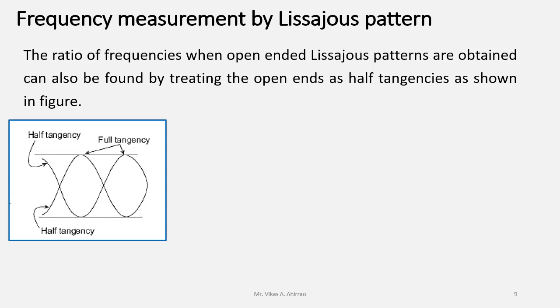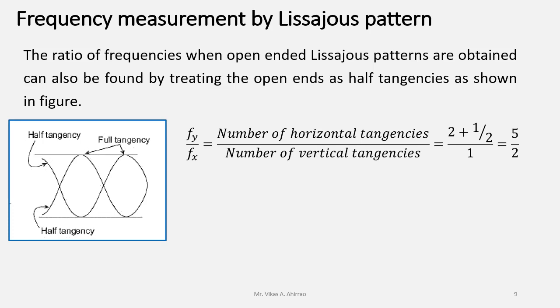And for this one, we may write Fy upon Fx is equal to 2 plus half upon 1, because there is only one vertical tangency and 2 and half horizontal tangencies, and thereby you will get the relation that Fy upon Fx is equal to 5 by 2, or Fy is equal to 5 by 2 times the known frequency, that is Fx.